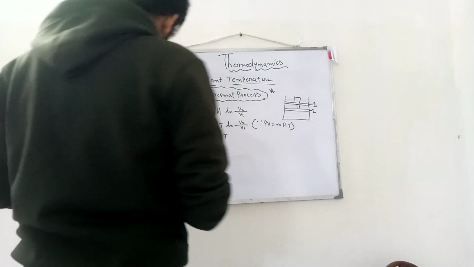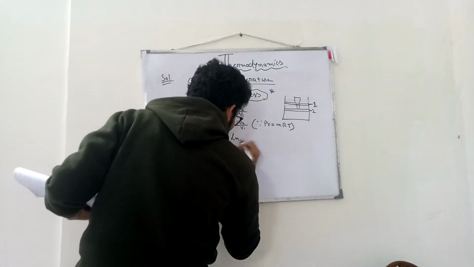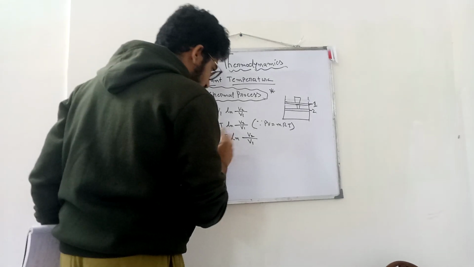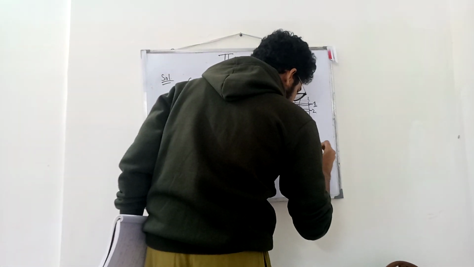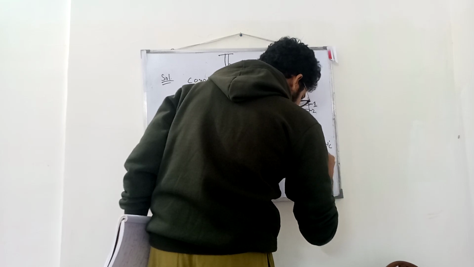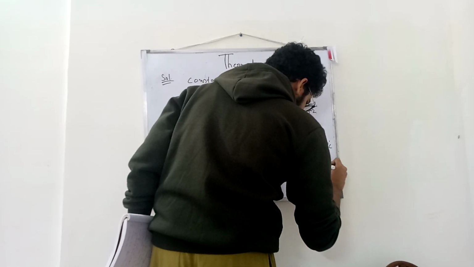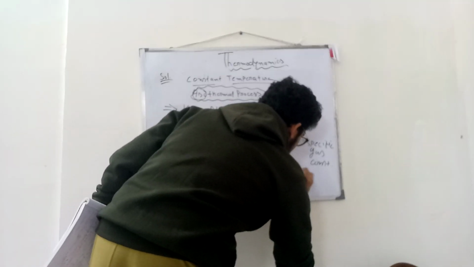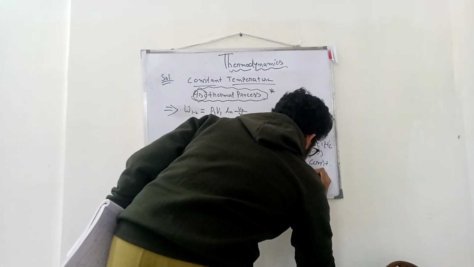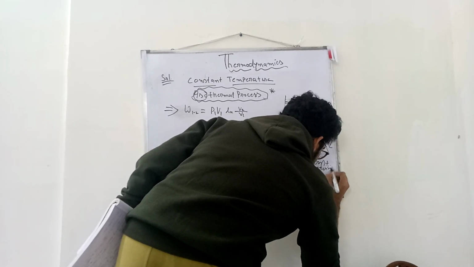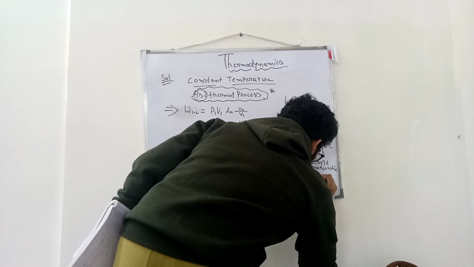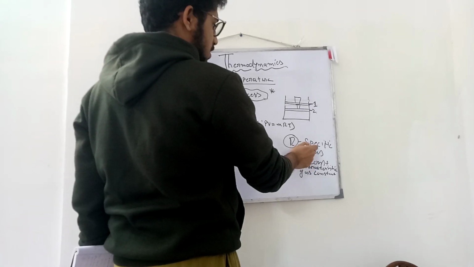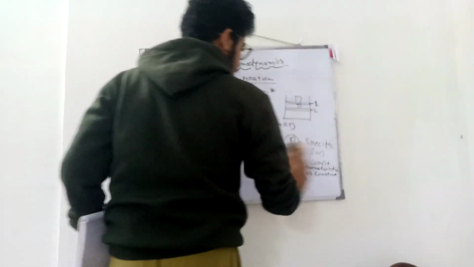I want to tell you, this R means characteristic gas constant, and the other r means specific gas constant. You have to know this thing. So this is enough.